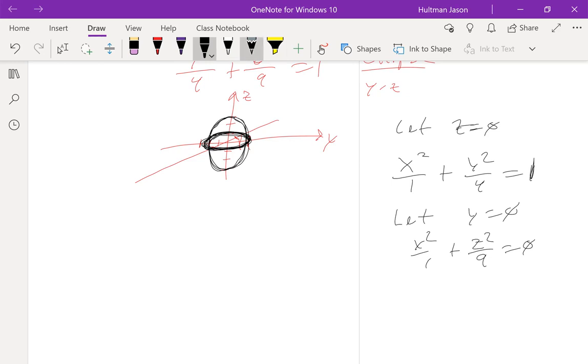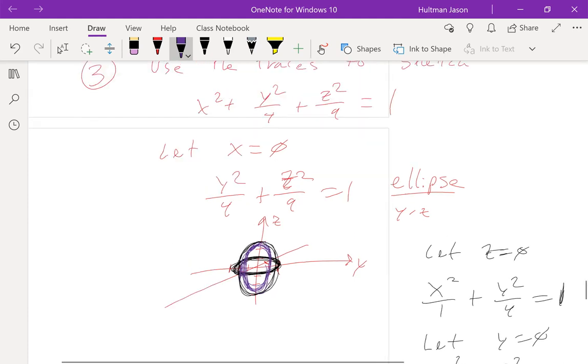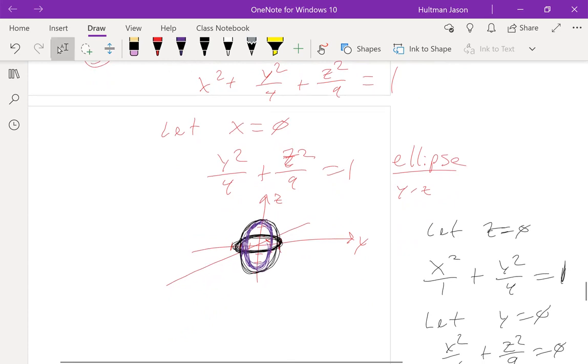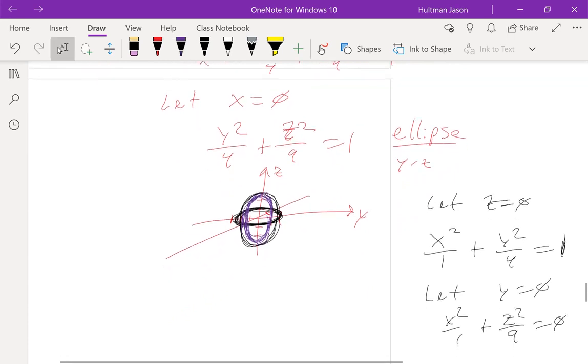Maybe I'll do this with a different color, purple. I'm going to go here, and then here, and then here, boom, like this. I get those traces, those slices, and that allows me to draw this ellipse. Make sense?